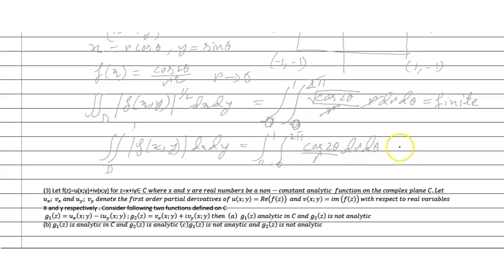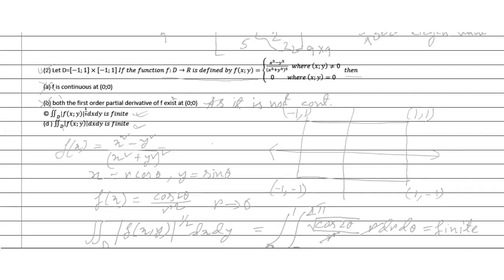So this value is log r from 0 to 1, and the other factor is 0 to 2 pi of cos 2 theta, and where log 0 is equal to infinity, so it is infinity, not finite. So my answer: C is correct, D is wrong.